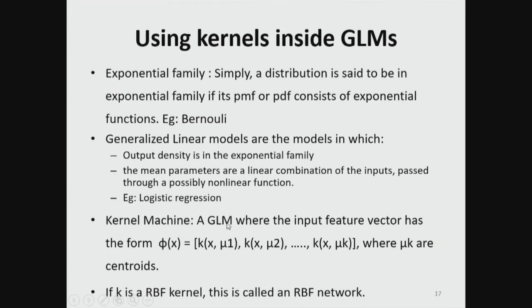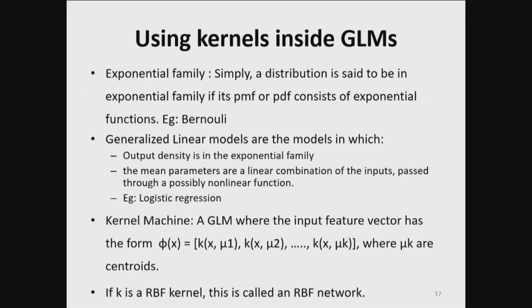Such a model, a general linear model, where the input feature vector has the form phi of x equal to k, what is k? Our kernel function. Kernel of x mu1, kernel of x mu2, etc., kernel of x mu k, where mu k are the centroids of the subparts.